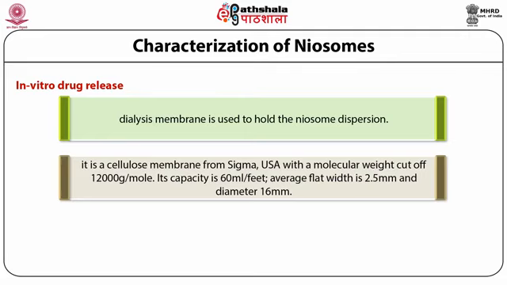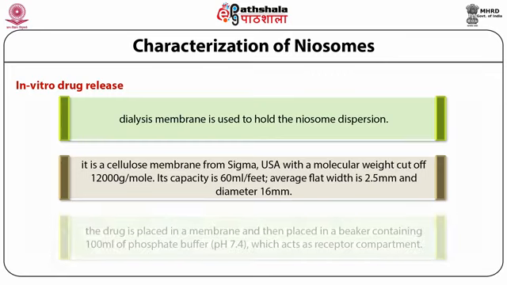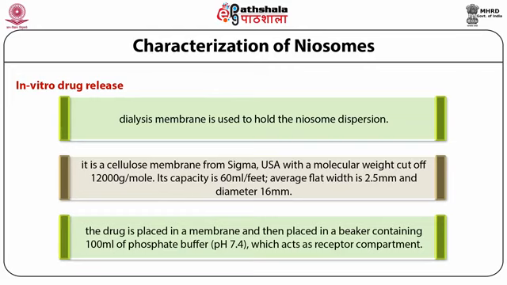In our experiment, we used a dialysis bag of molecular weight cutoff 12,000 gram per mole, and its capacity is 60 ml per feet with a flat width of 2.5 mm and a diameter of 16 millimeter.